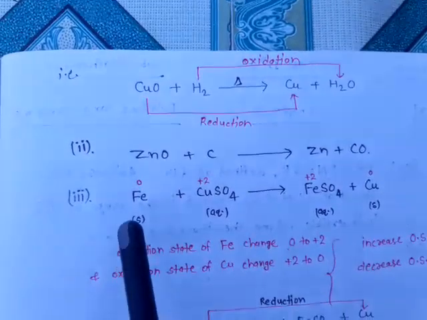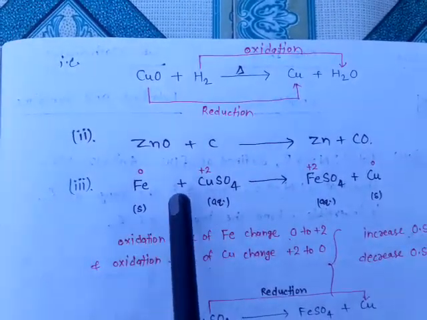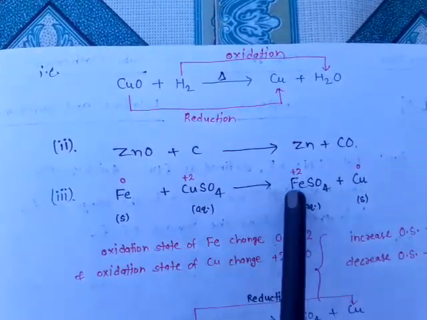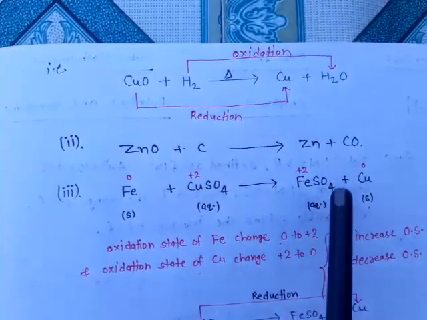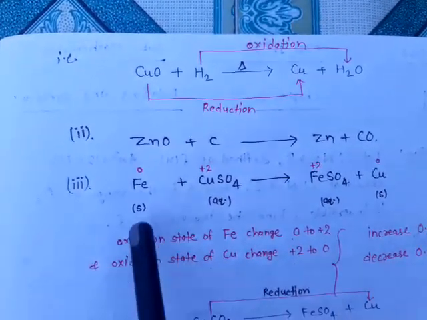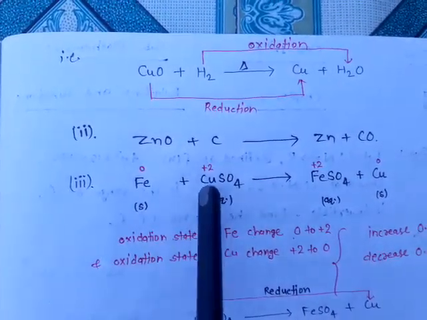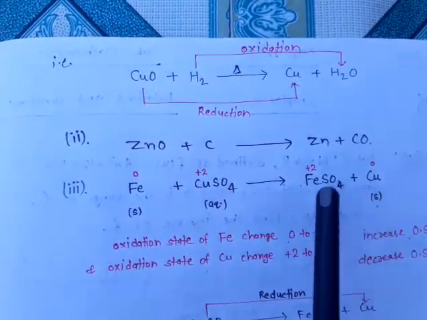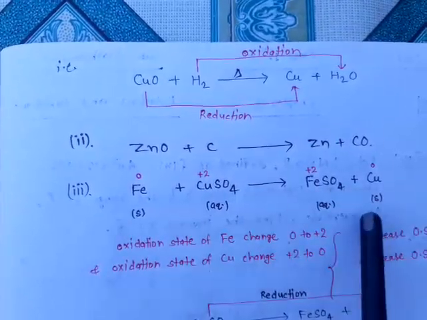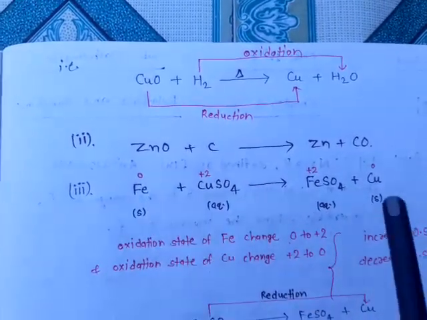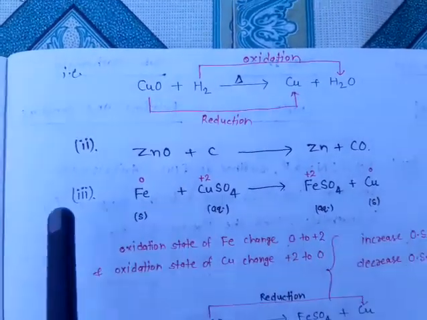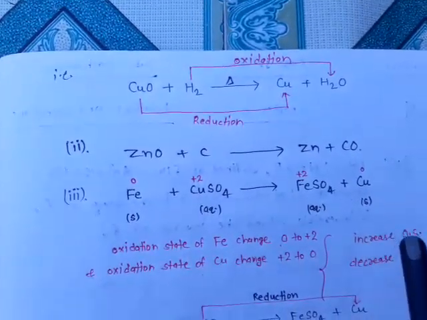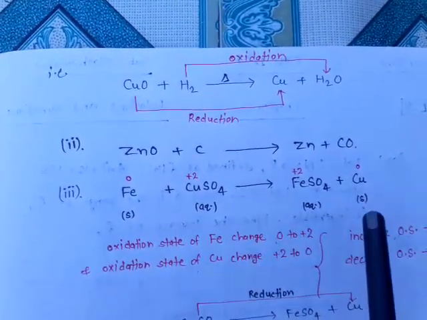Now the next example is iron plus copper sulfate, and the products are iron sulfate plus copper. Here iron displaces copper and forms iron sulfate plus copper. This is also an example of a redox reaction. Here there is no involvement of oxygen. In this example we discuss on the basis of oxidation state.